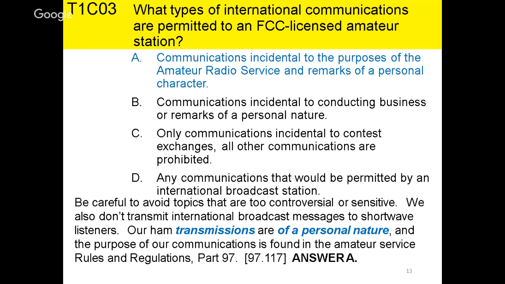So in other words, you're not going to be talking about what you do for a living necessarily, or at least anything in depth, like where you work. You're going to be talking about your amateur radio station and maybe things of a personal character, like, I'm married, I have 3 kids, and I like to cook out burgers in my backyard.